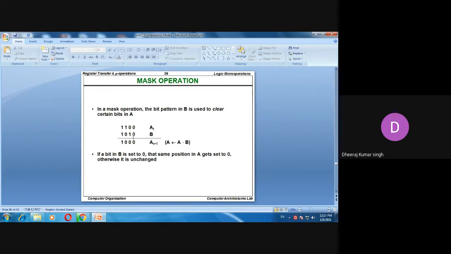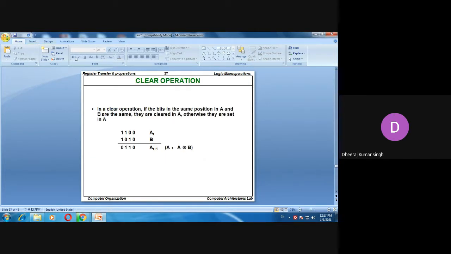So this B bit is 0, so automatically the A bit will become 0. This B bit is 0, so automatically the A bit will be 0. So this is the answer, 1000. This is basically known as the mask operation, and it is A assigned the value A multiply B, or A AND B. The AND operation is basically known as the multiply operation whenever we talk about normal arithmetic.